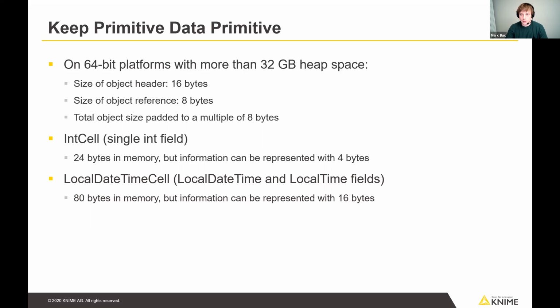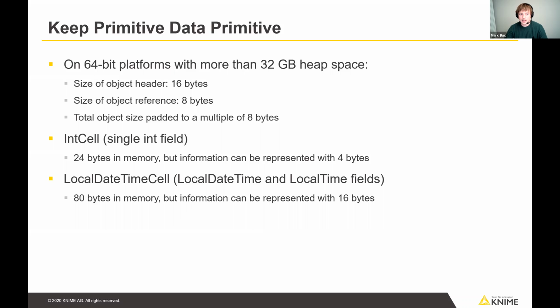And looking at a more complex data type, let's look at LocalDateTimeCell, which is, as the name suggests, a data cell for local date time values. And this LocalDateTimeCell has two fields, one LocalDateTime and one LocalTime field. And when you go into these fields, which are Java classes, you can see what kind of information they hold, what kind of fields they have.